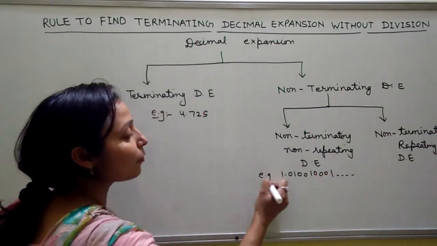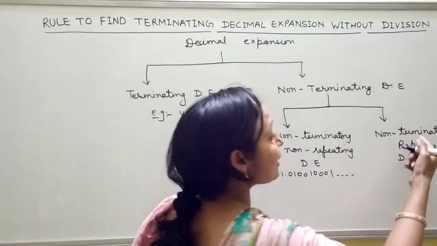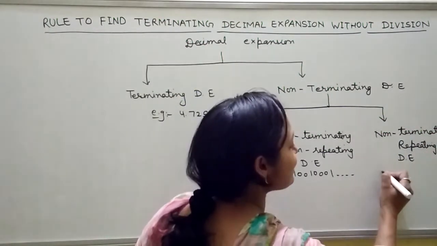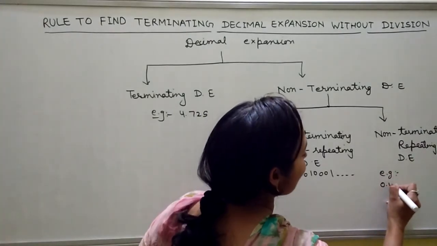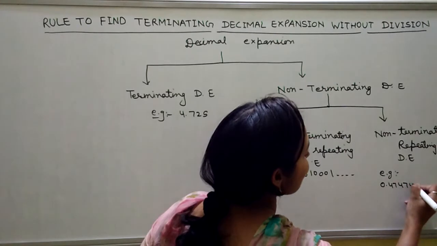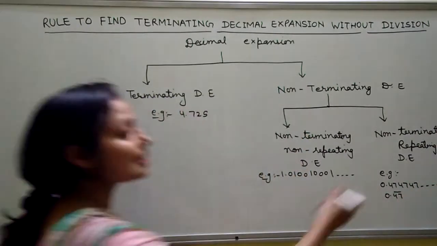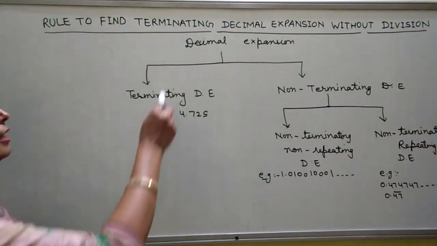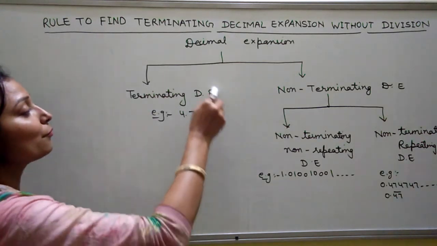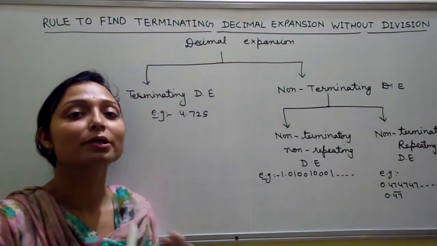This is an example of non-terminating, non-repeating. Non-terminating, repeating decimal expansion, for example, 0.4747 and so on, which is 0.47 bar. This is the repeating decimal expansion. And today we will learn the rule to find the terminating decimal expansion without doing long division.